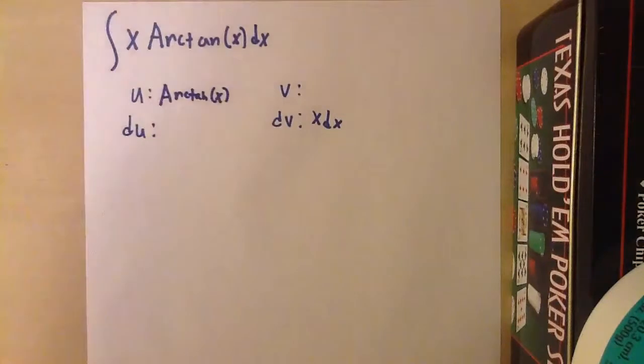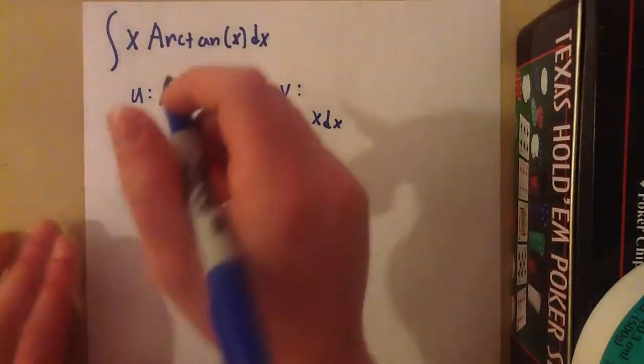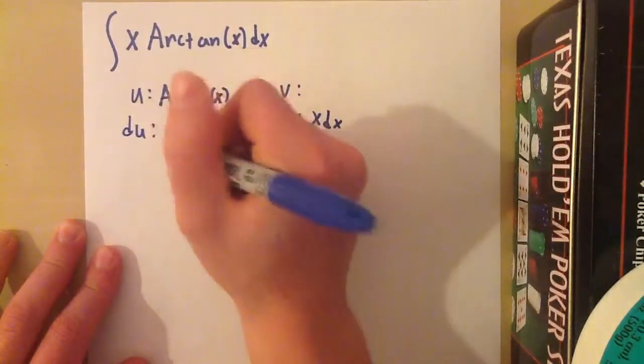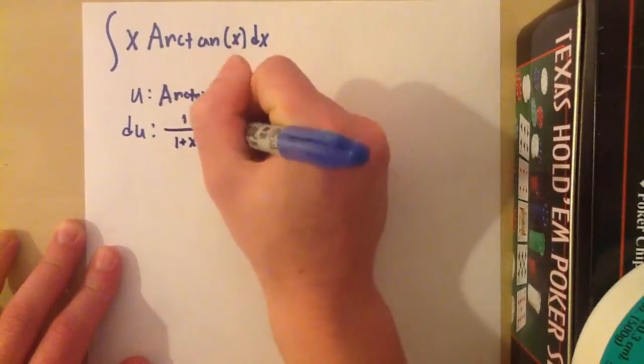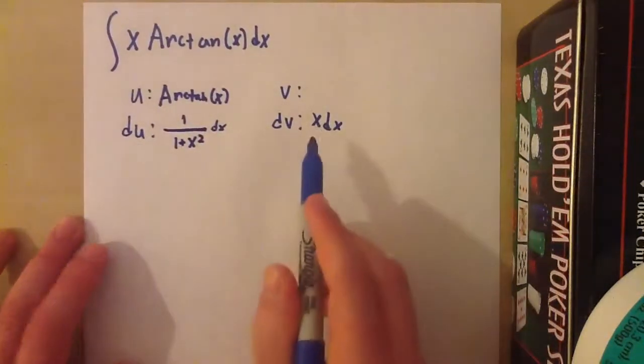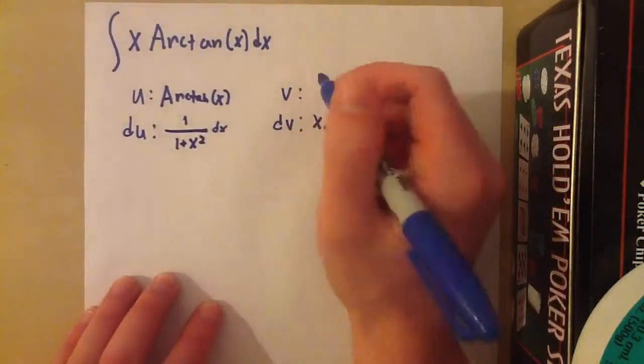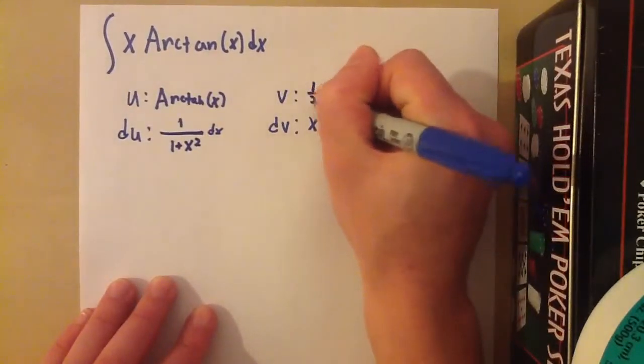So now we can go ahead and fill out the rest. Our du would be the derivative of arctan x, which is 1 over 1 plus x squared dx, and the antiderivative of x dx is simply 1/2 x squared.